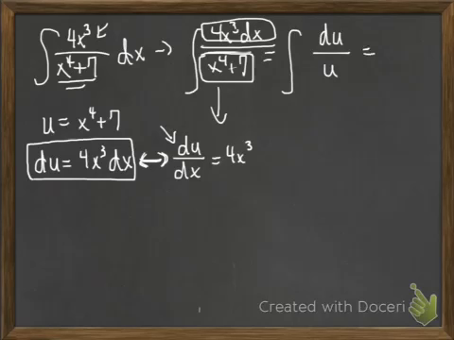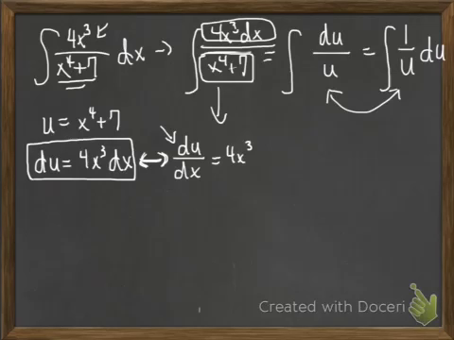So if we rewrite this again, we have the antiderivative of 1 over u du. This is essentially the same thing. I'm just writing it so we can have a better idea of what it looks like.